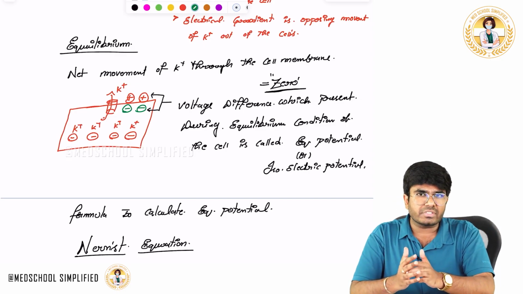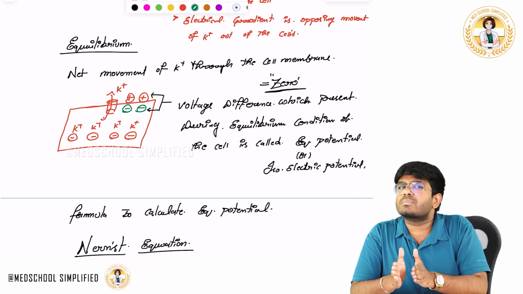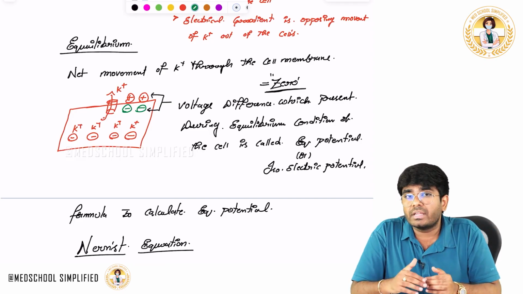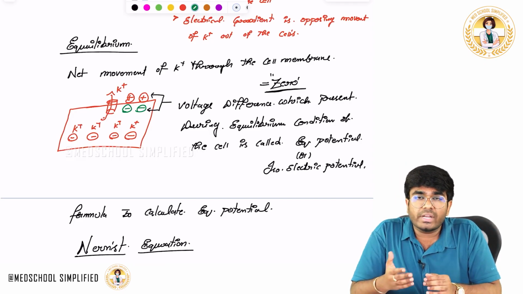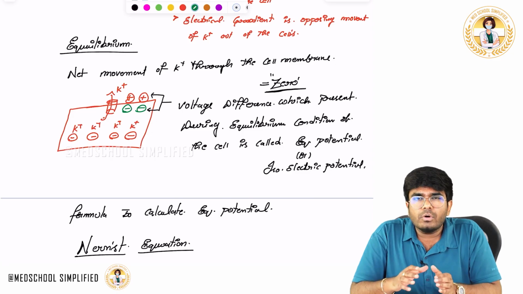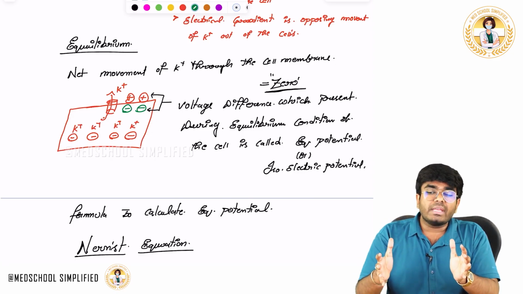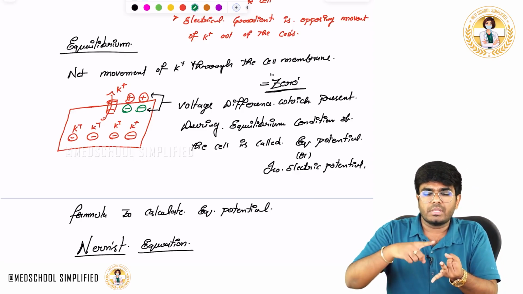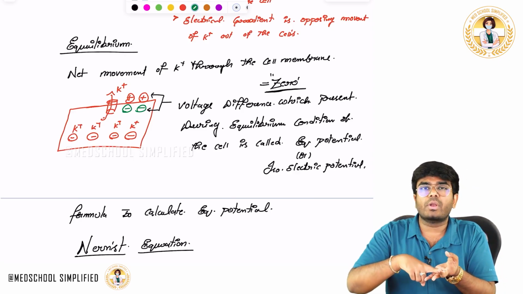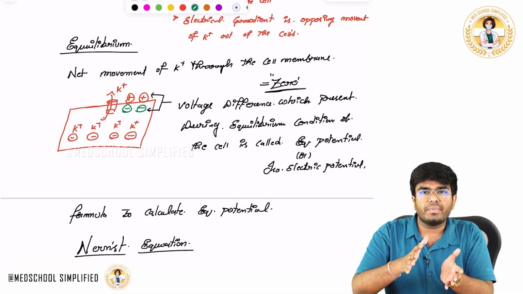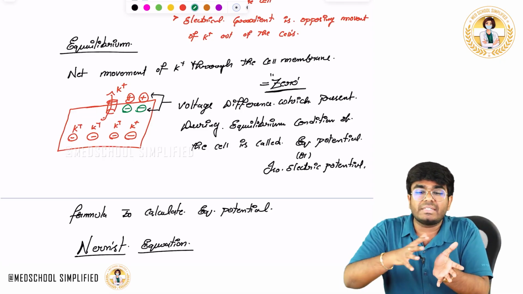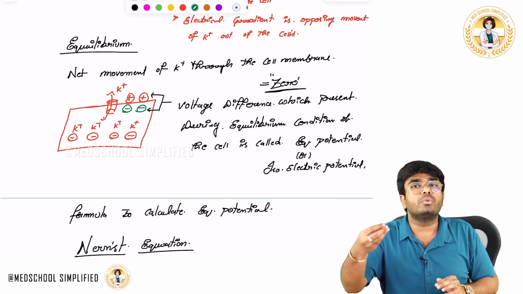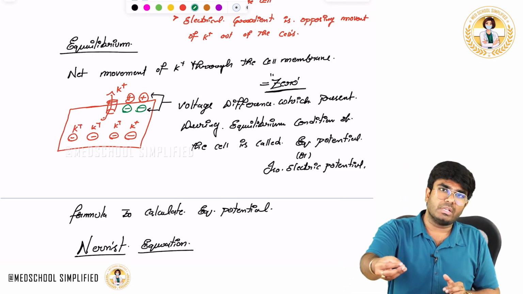But in the majority of our cells, not only leaky potassium channels are there, but also other channels: leaky sodium channels and leaky chloride channels. When you take them into account, all of them contribute, and finally they determine the resting membrane potential.